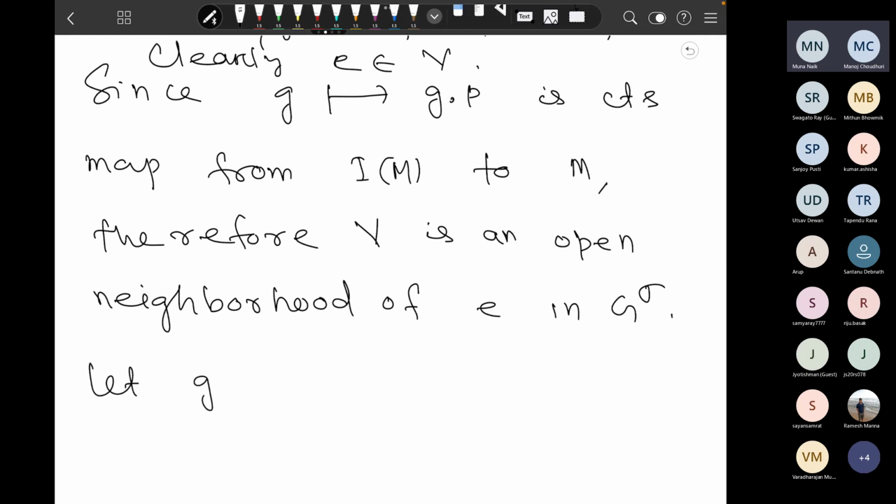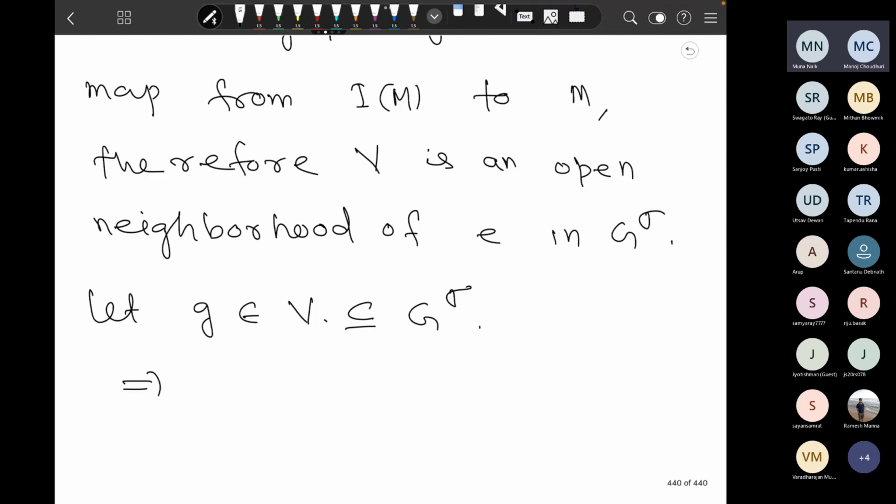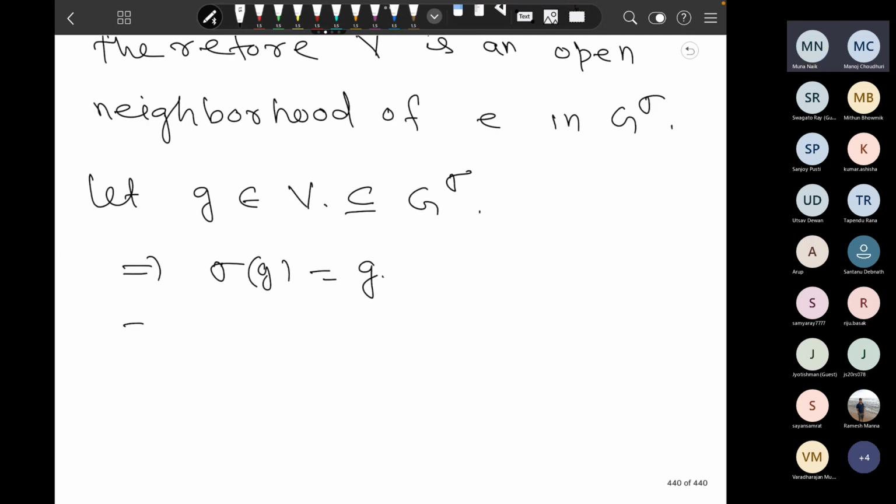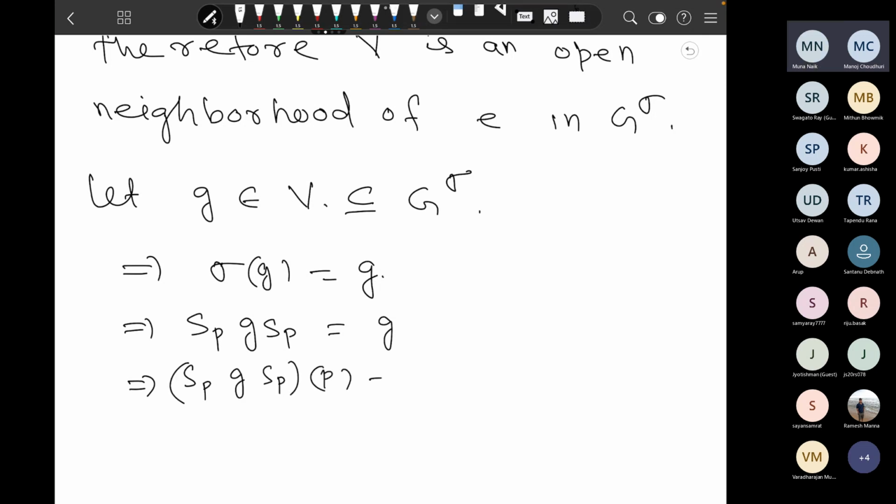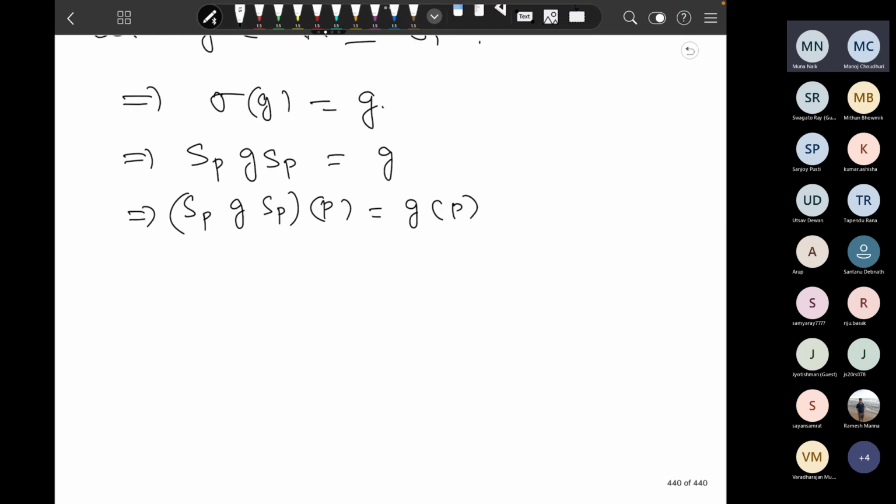Let G belong to this B. By definition B is a subset of G sigma, therefore sigma G is equal to G. Now sigma G is really SP G SP, which is equal to G, and I apply this on P. SP G SP of P is really G of P. So since SP P is equal to P, SP of G dot P is equal to G dot P. But G dot P belongs to N.